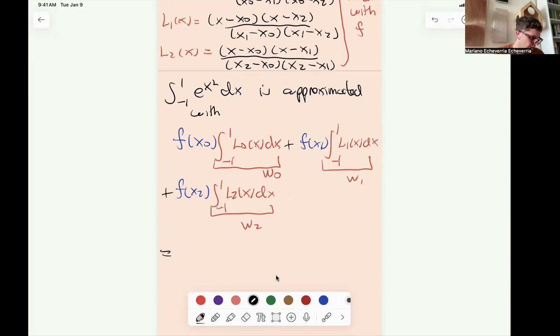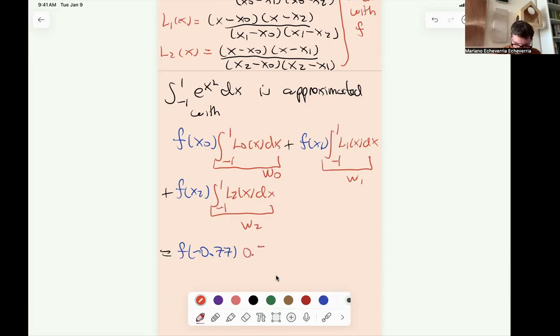So if you go to the table, which is in the book or on Wikipedia or whatever, you end up finding f of minus 0.77 times the weight 0, which you can find, for example, in Wikipedia.